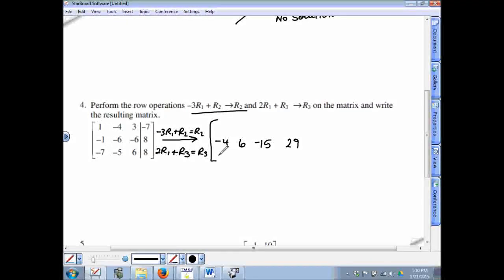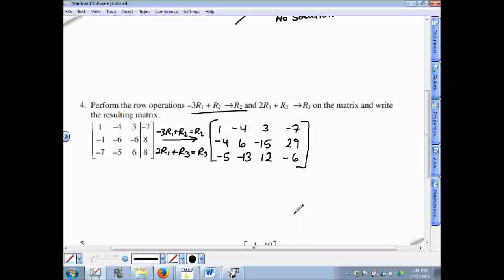So 2 times 1 is 2, plus negative 7 is negative 5. 2 times negative 4 is negative 8, plus negative 5, negative 13. 2 times 3 is 6, plus 6 is 12, and 2 times negative 7 is negative 14 plus 8, negative 6. Top row stays the same. And that's all you were supposed to do on question 4.